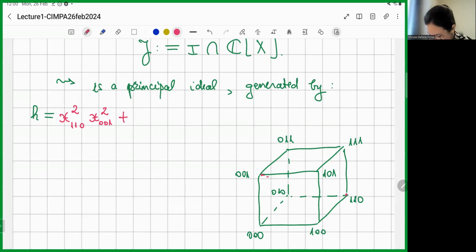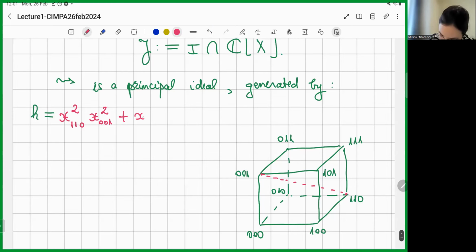This is a long diagonal, one long diagonal, and you take the squares. Then we have x100 squared x011 squared, so 100 and 011, another long diagonal.